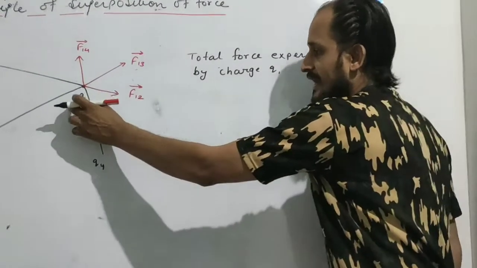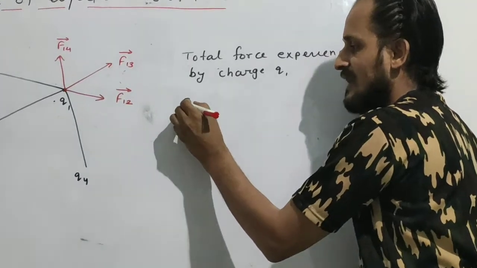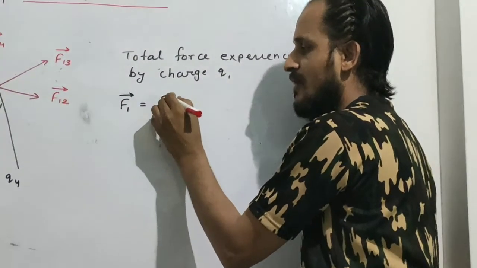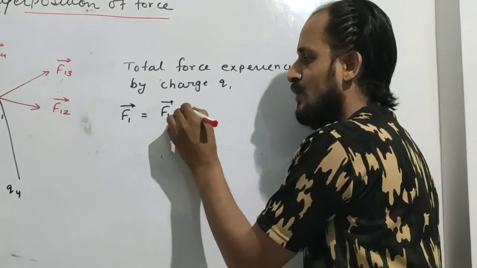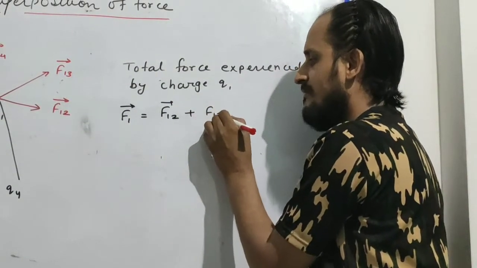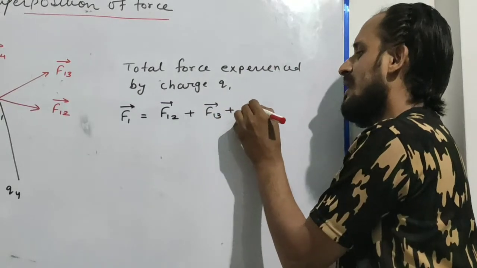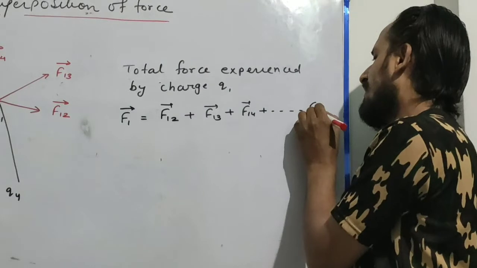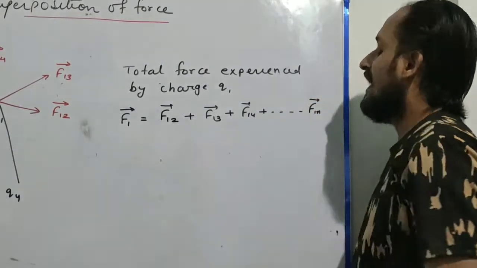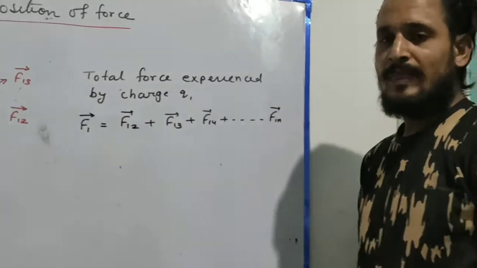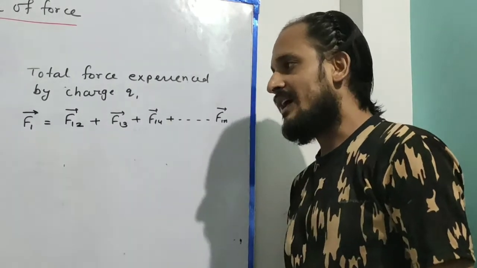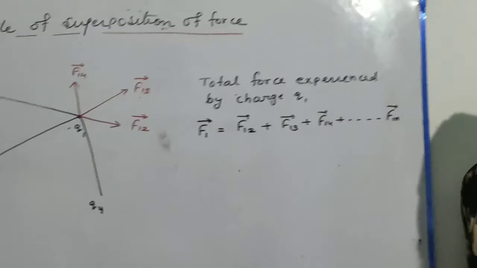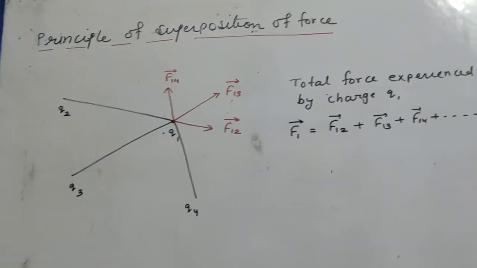So what can we write regarding the force on charge Q1? F1 vector is the sum of forces F12 vector plus F13 vector plus F14 vector and so on, up to F1n vector, if there are n charges. Earlier we discussed the vector form of Coulomb's law.